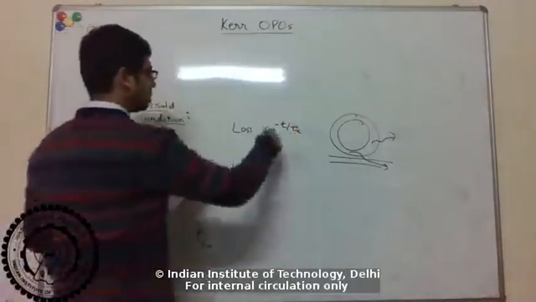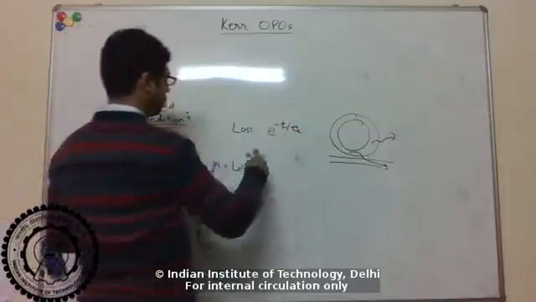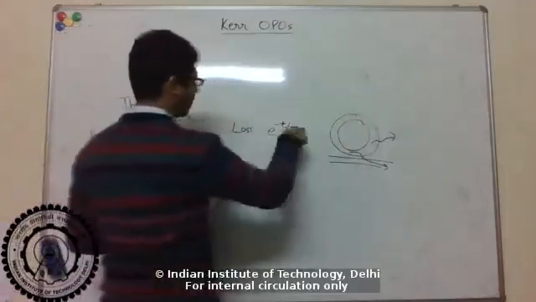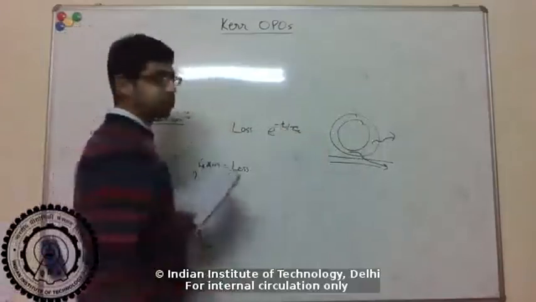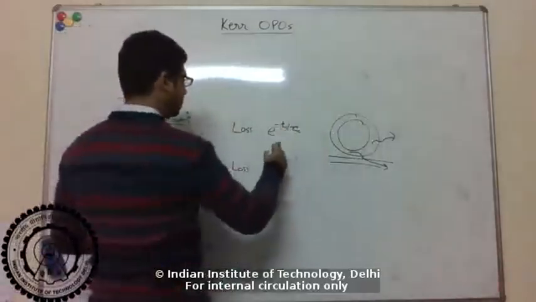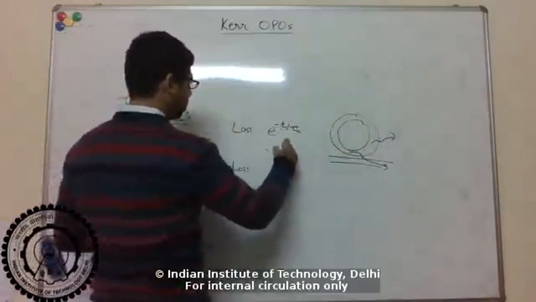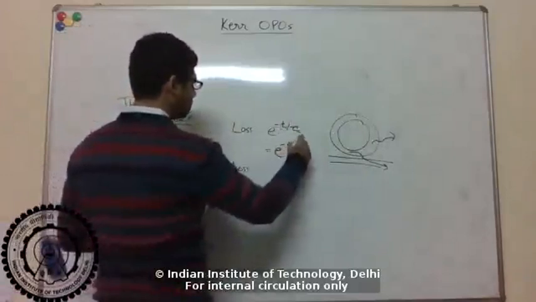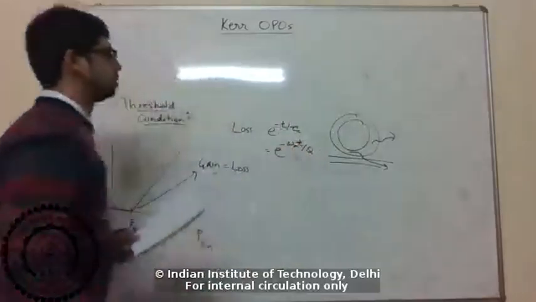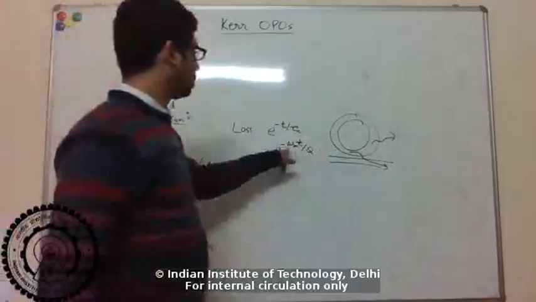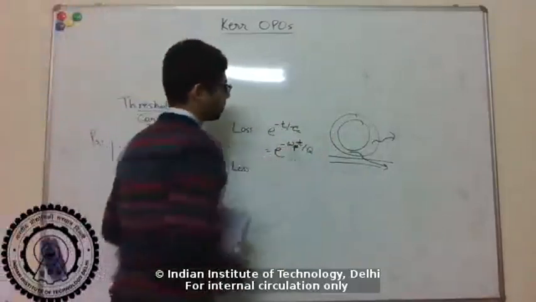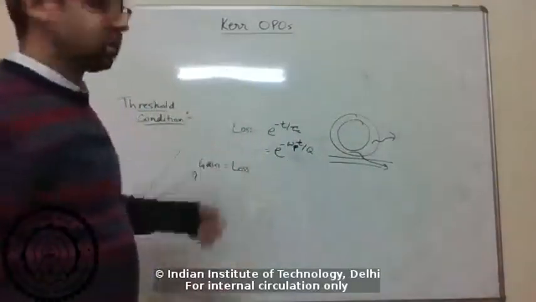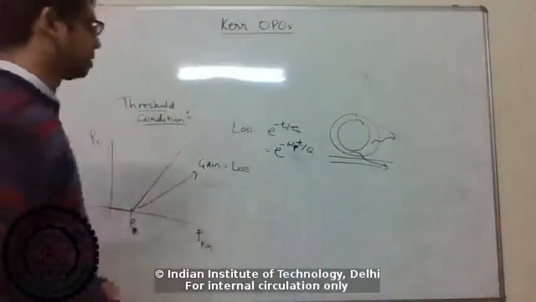So if you don't have any input, the energy will decay from the cavity like e to the minus t over tau c, where tau c is the cavity lifetime. And tau c, recall, was Q over omega, where omega, let's call it omega p, is the pump frequency, which is one of the resonance frequencies.